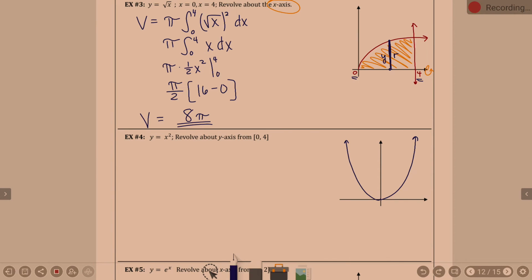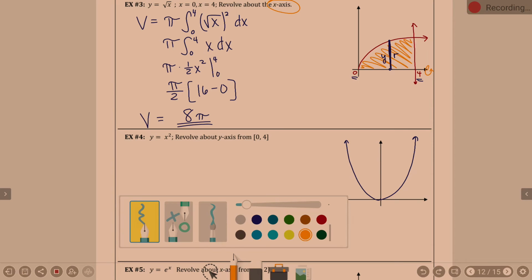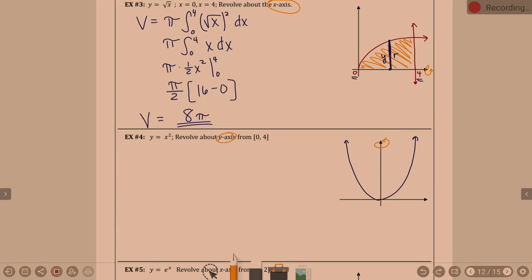Officially it says a parabola. It didn't just say in the first quadrant or whatever, so I drew both quadrants. But here's the deal, guys. We're rotating about what axis? The y-axis, right? If we're rotating about the y-axis, what's going to happen when we're rotating this about the y-axis? Do you really have to have both halves here?